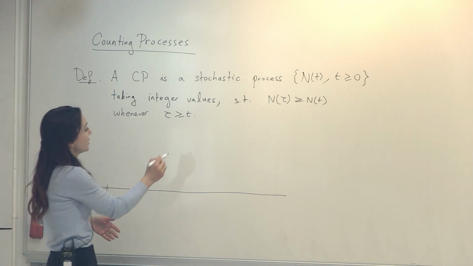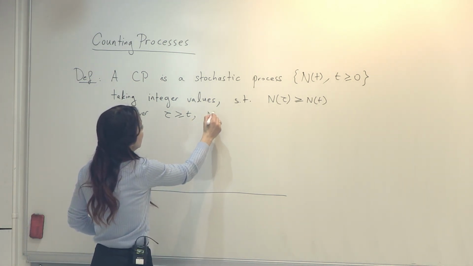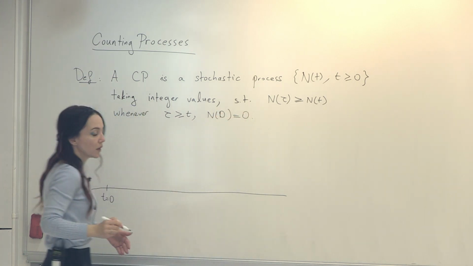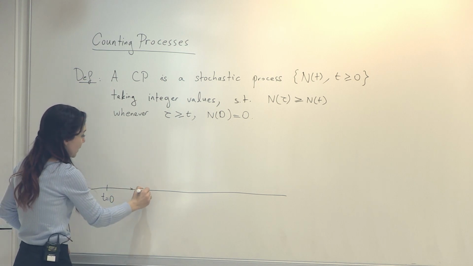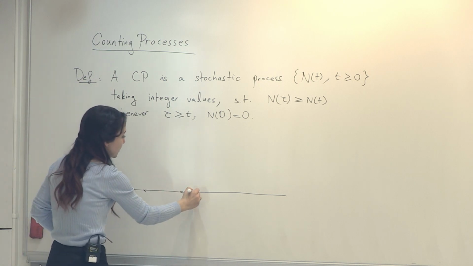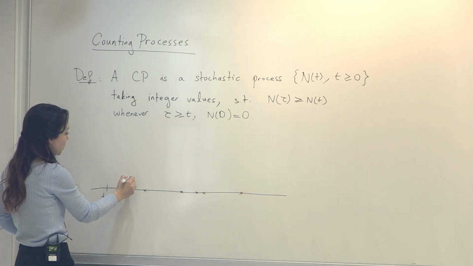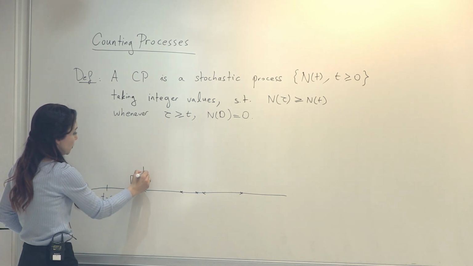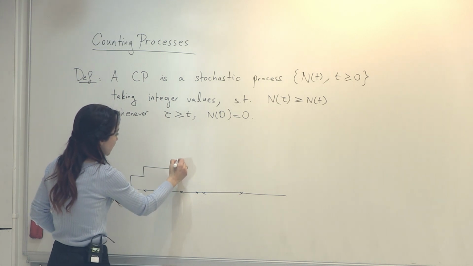And let's add something to this definition, in fact. Suppose N of 0 is 0. Okay? And at arbitrary times, we have arrivals to the process at which times the value of N of t increases by 1.